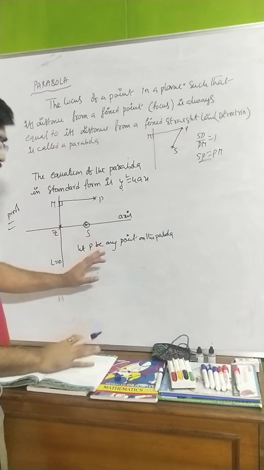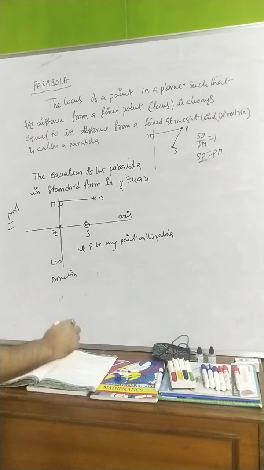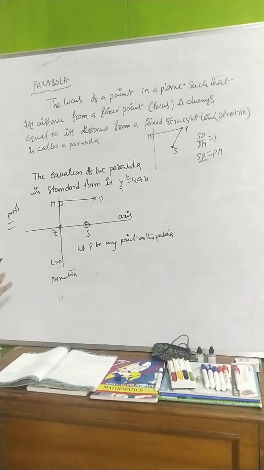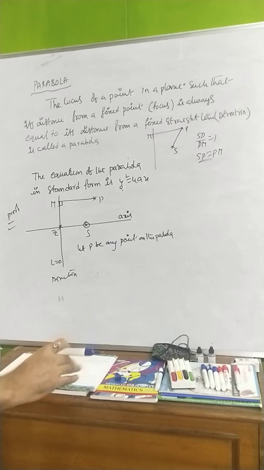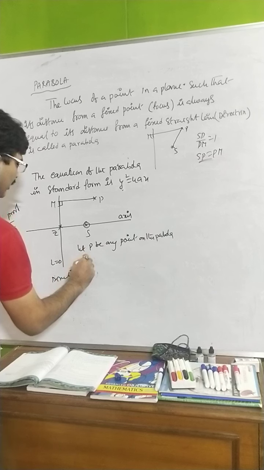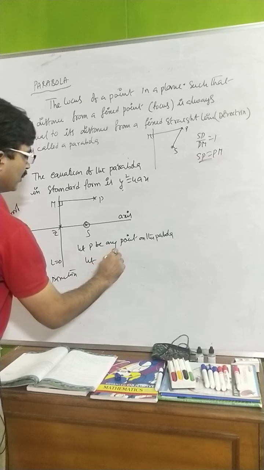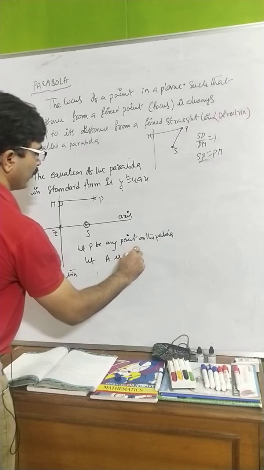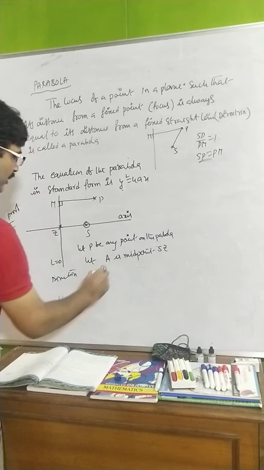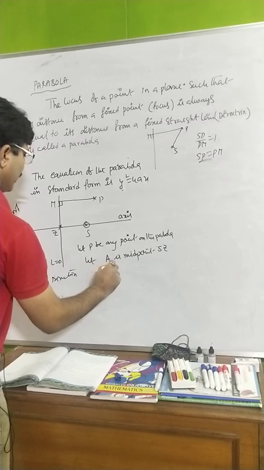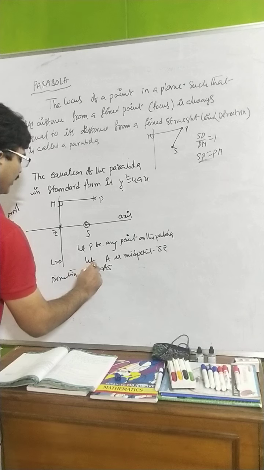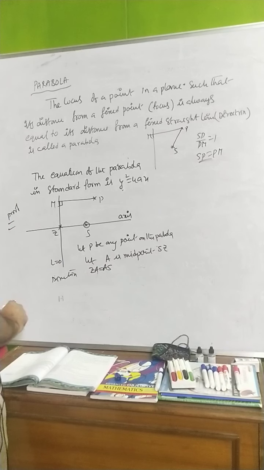Next, I want to define a point A. Let us assume that A is the midpoint of SZ. That means ZA is equal to AS. I am taking it like this.